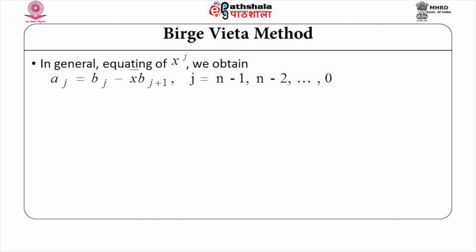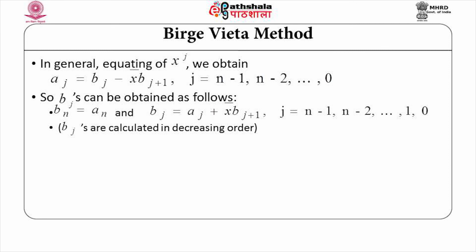And in general, if we equate the coefficient of x raised to j, we will get a j as b j minus x bar b j plus 1, because the term is x minus x bar. And therefore, we can write down the formula for the b j's from this: b n is a n and b j is a j plus x bar b j plus 1, where j runs from n minus 1, n minus 2, down to 1, 0.